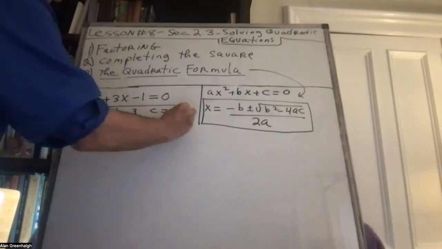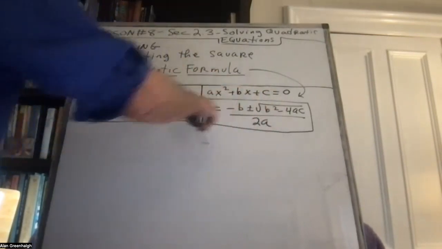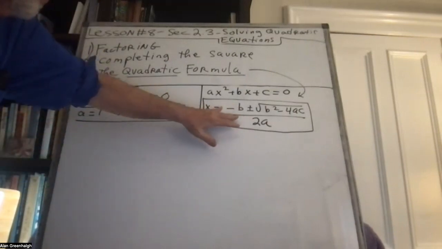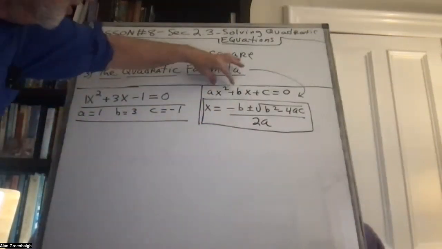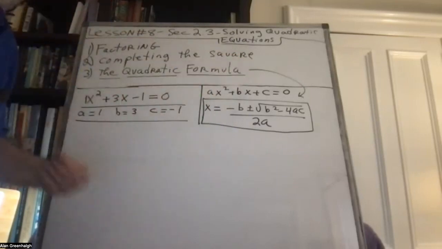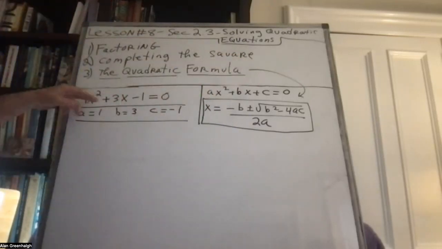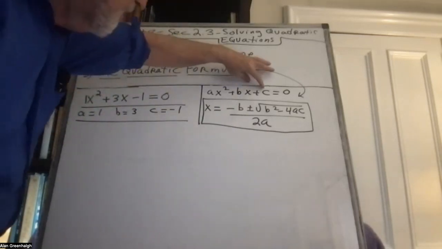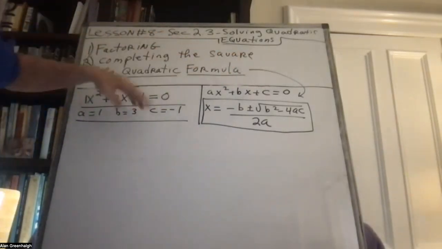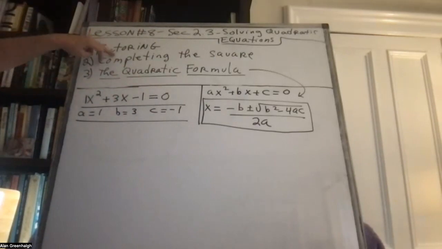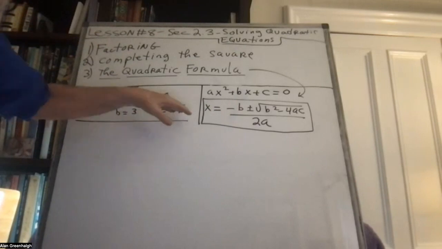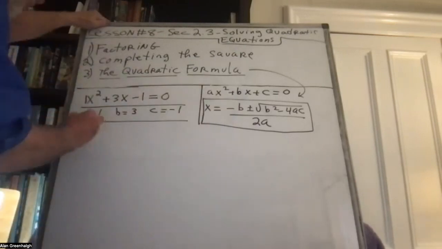We're going to need those, of course, because the formula is taking into account the coefficients. When you're solving a quadratic equation, it's not the x's that are important, it's the coefficients that are important. It's the coefficients that allow us to do factoring or completing the square. So we just take the coefficients, and that's what goes into the formula.